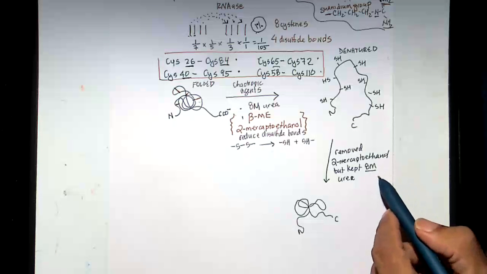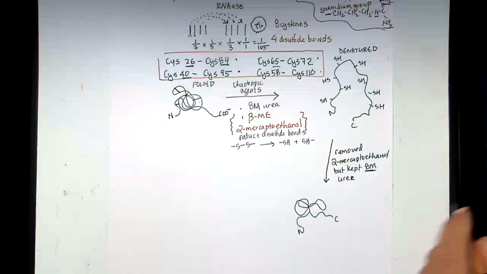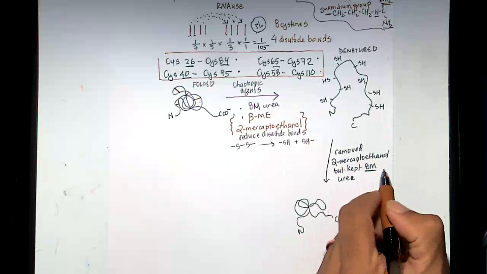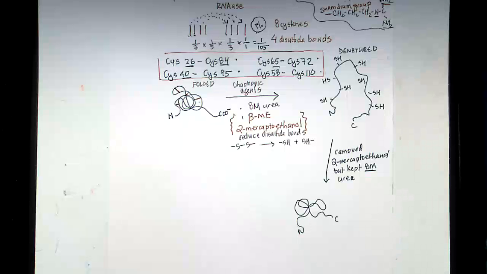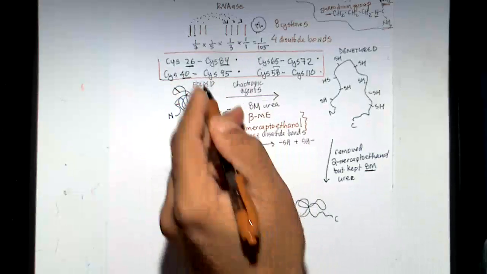But what else is there that's kind of bad? The 8 molar urea was there. So you still get a protein that's unfolded. Why is it still unfolded? Because of the 8 molar urea. But the disulfide bonds, as Courtney said, are starting to form. But the problem was they weren't finding the right partners.